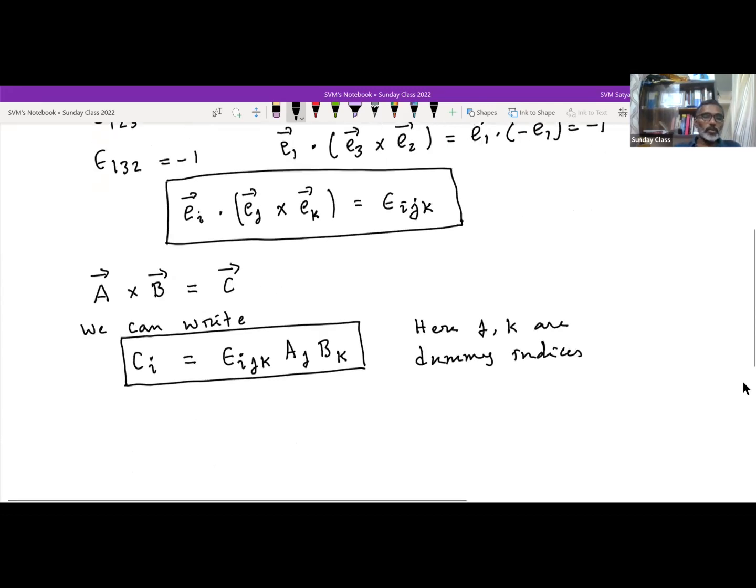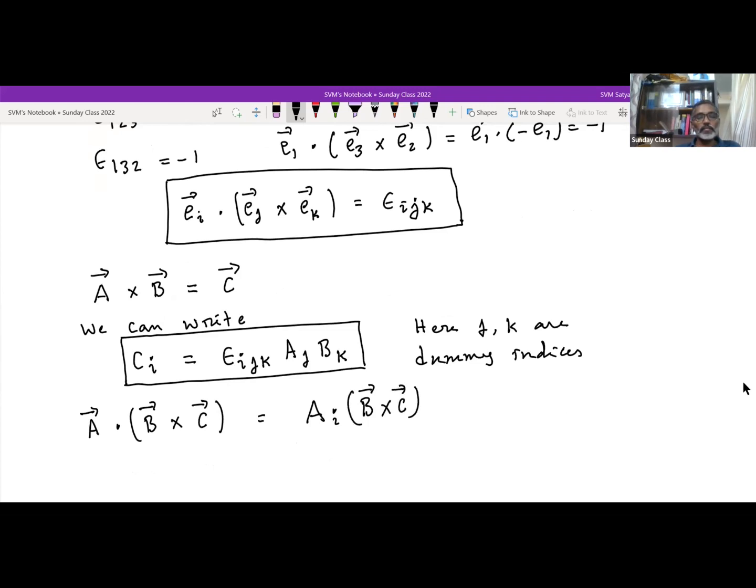Now suppose you want to write down A dot B cross C. How do I write that? I must write it as Ai times (B cross C)i, where i is dummy. But I already know what (B cross C)i is.